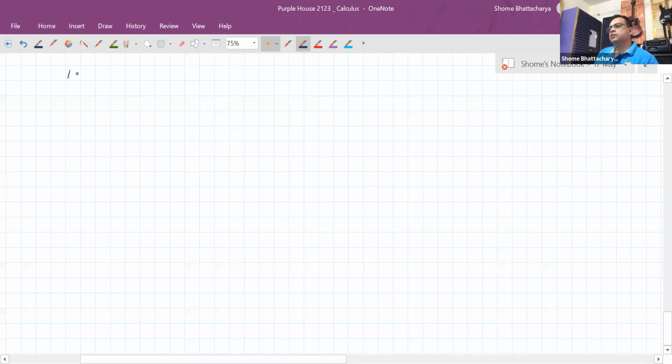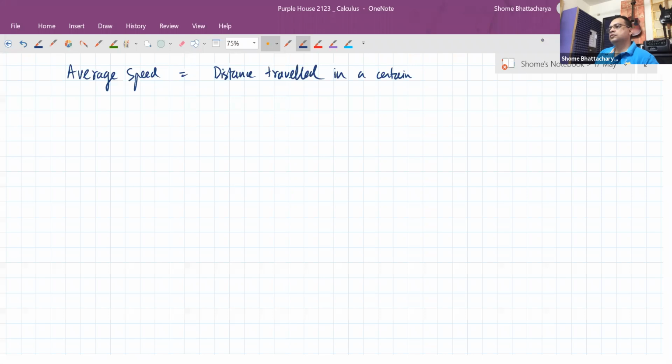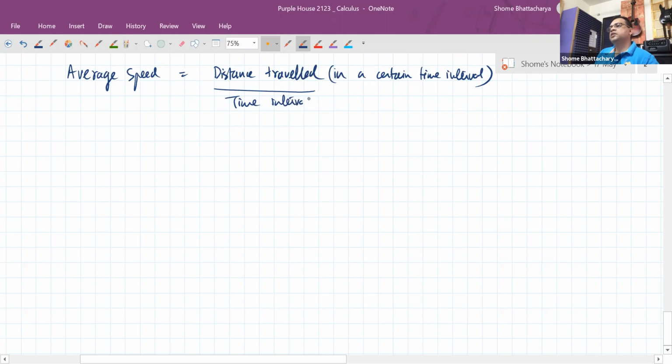So just to repeat that point, we define average speed as the distance traveled in a certain time interval divided by the time interval itself, right? So we can write it mathematically as the distance traveled in a time divided by that particular time interval.